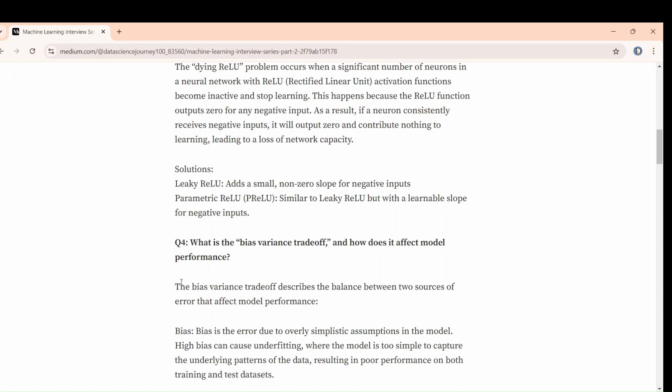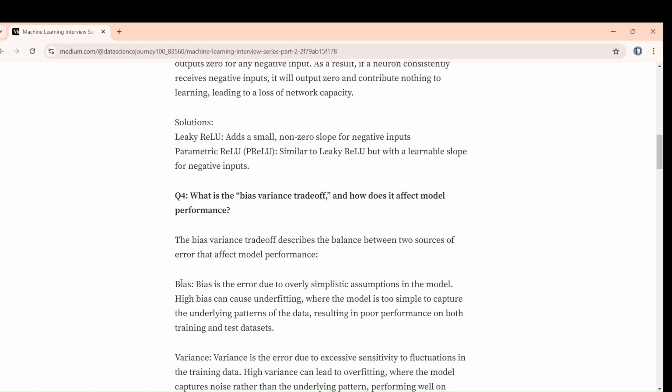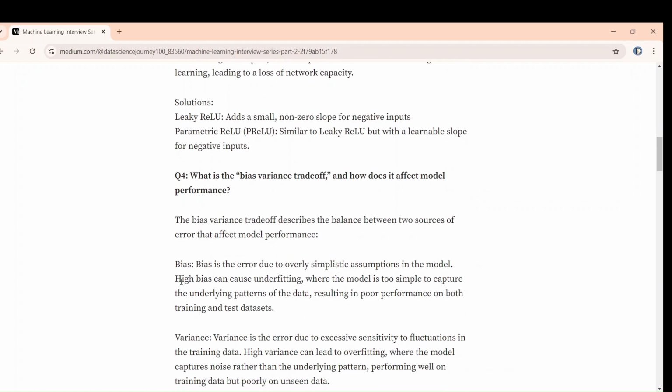Now our next question. What is bias variance trade-off and how does it affect the model? See, if your model is too simple, it cannot capture the underlying pattern. Maybe you have used a smaller number of layers, or maybe you are not using a proper activation function. Your model is not understanding the pattern.